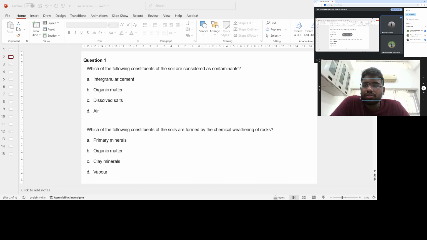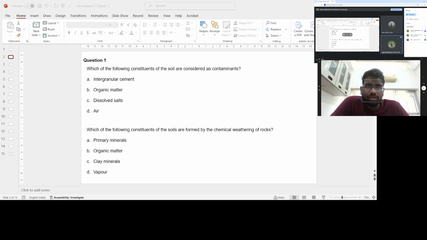Okay, so let me repeat the options. First is intergranular cement. Option B is organic matter. Option C is dissolved salts, and option D is air. Dissolved solids. No, I think no clarity.